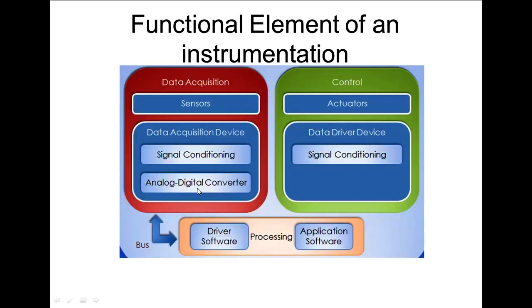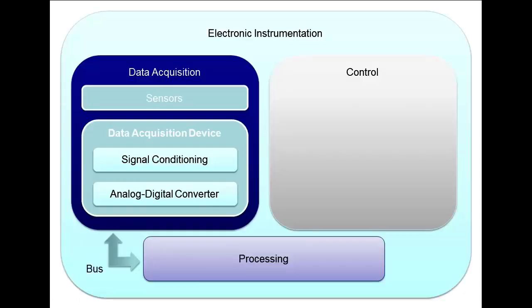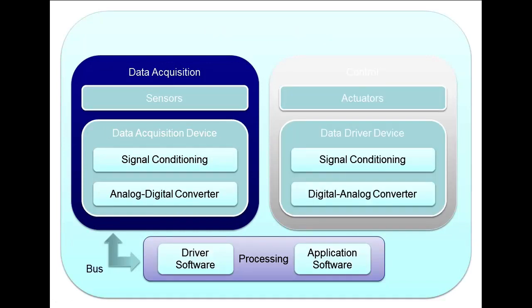So if you go back to the function elements, this is also the actuators. Normally, let's say from the controller, the control is in digital. The controller needs to convert the data from digital to analog. This is what you call a digital to analog converter, right? Then we still have to go through signal conditioning. Why?